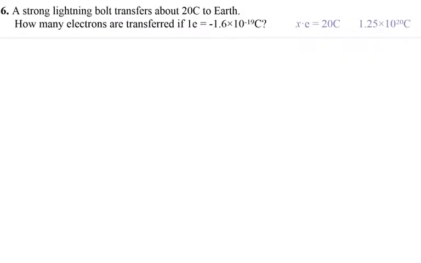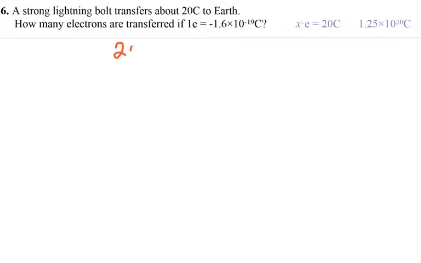Here's another good example to look at. A strong lightning bolt transfers about 20 coulombs of charge to Earth. How many electrons are transferred if one electron is -1.6 × 10⁻¹⁹ coulomb? You have 20 coulombs. It's like a proportion problem, not even like a physics problem.